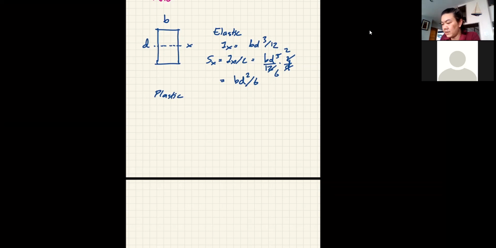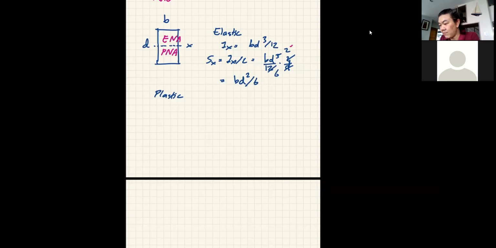And we also know that this is a symmetric section, so the elastic neutral axis and plastic neutral axis are essentially at the same location. The elastic neutral axis is in the middle where the centroid is, but for plastic, it's the same.